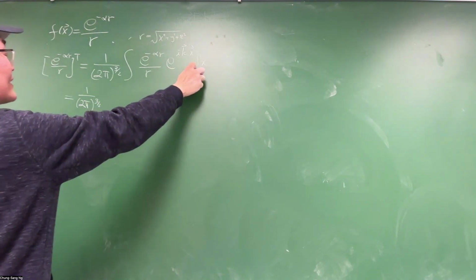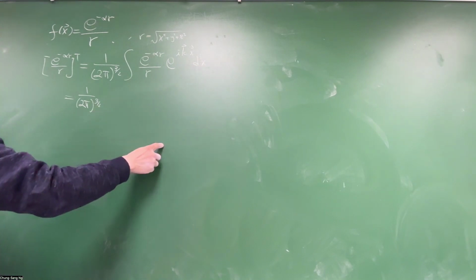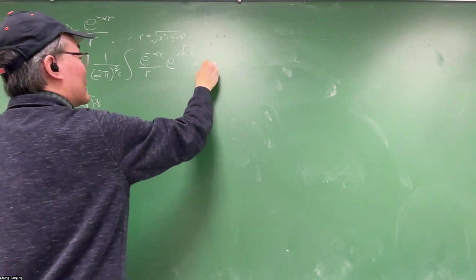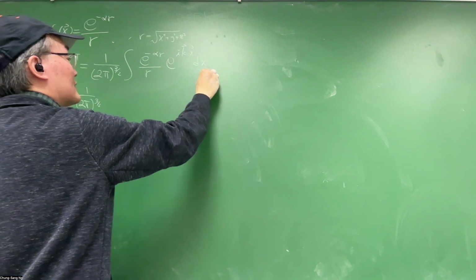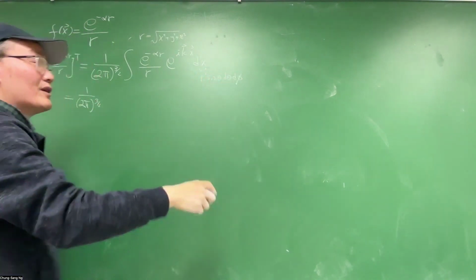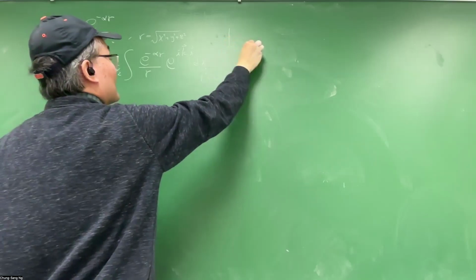You should separate that into the volume element in spherical coordinates. So the volume element is r squared. Hopefully you remember, theta is the polar angle, phi is the azimuthal angle. They define the 3-dimensional space.